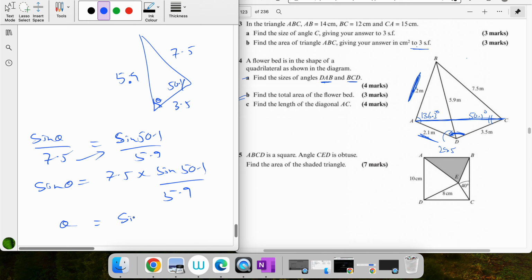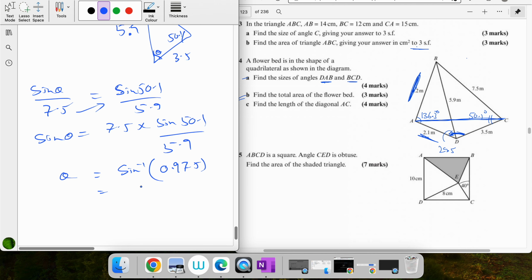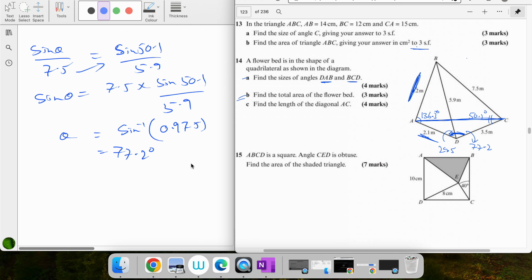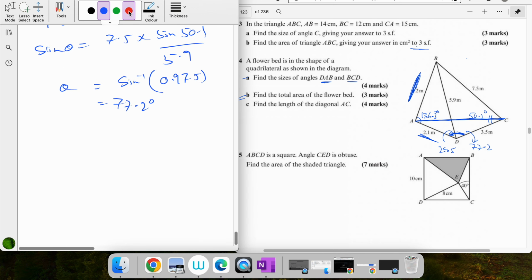Theta is equals to sine inverse, and 7.5 times sine 50.1 divided by 5.9 is 0.975. Sine inverse of answer is 77.2. So this is 77.2. Now I have to find AC.